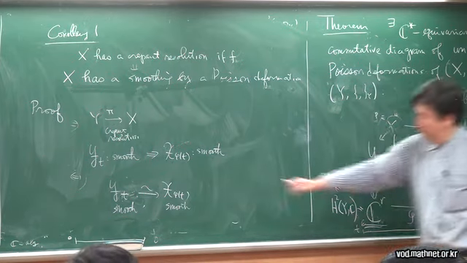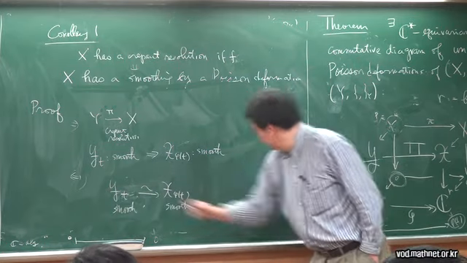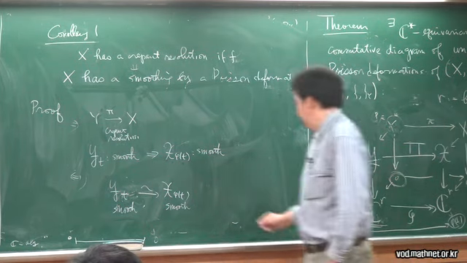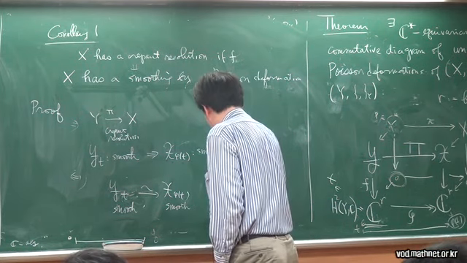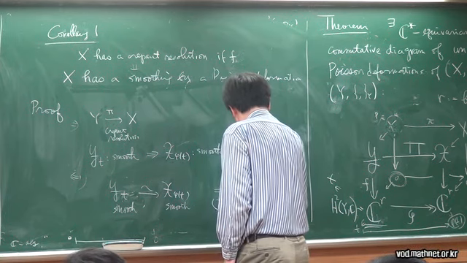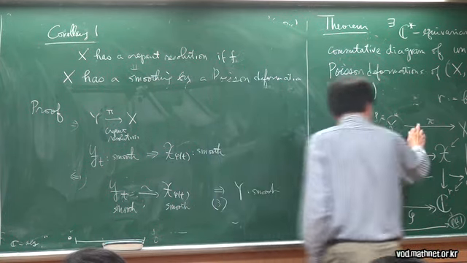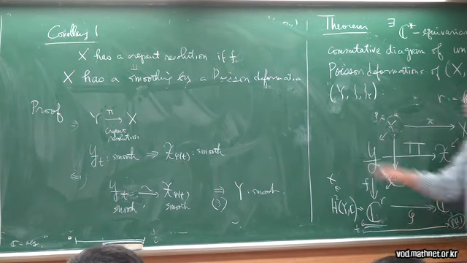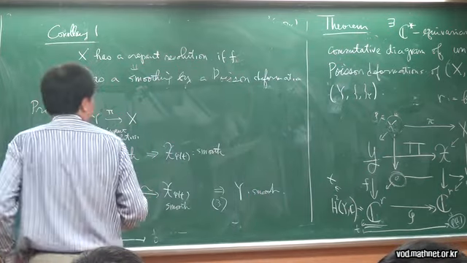Yes, the general fiber Y_t is smooth, so the central fiber should be smooth by property 3. So by property 3, Y should be smooth. So this map gives a crepant resolution, not partial, a crepant resolution. This is the corollary.